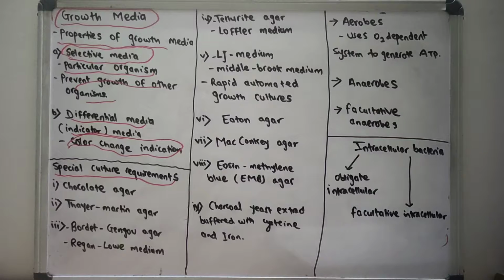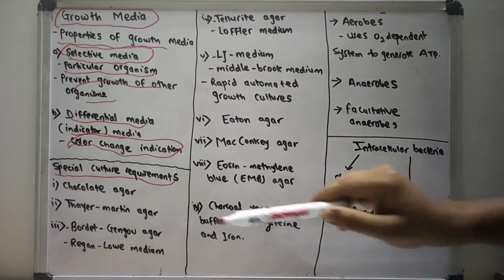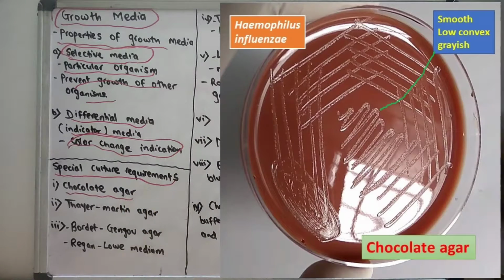Now let us discuss the special culture requirements. What are the special culture requirements for the various bacteria? First let us discuss the chocolate agar. The detailed preparation of the chocolate agar is not covered in this topic. If you want to know it, you have to read some microbiology books.